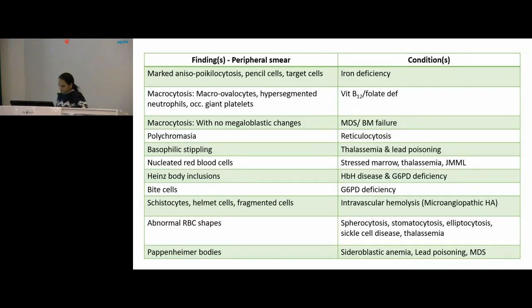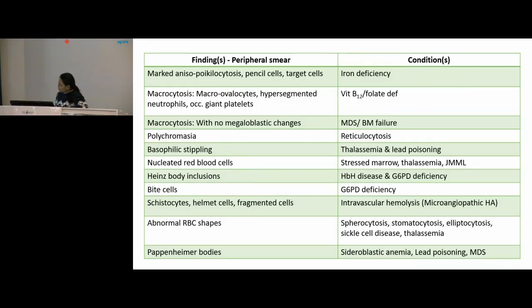Spherocytosis you would usually see in hereditary spherocytosis, but you should also know that autoimmune hemolytic anemias also have some spherocytosis in the peripheral smear. In hereditary stomatocytosis, you will have stomatocytes. In hereditary elliptocytosis, you will have elliptocytes, and sickle cells in sickle cell disease. And in thalassemia, again, we will have a wide variety of abnormal cells.